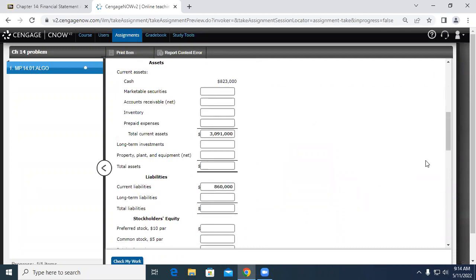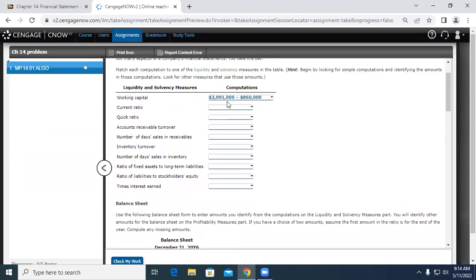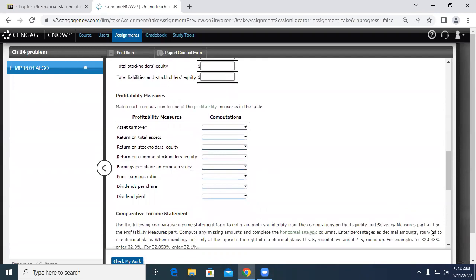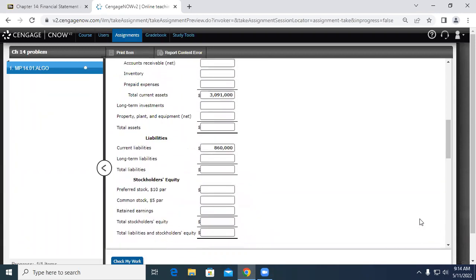I already know that must be the case because that's what went into this formula. So for filling in the balance sheet, we're going to be using formulas both from here, the liquidity and solvency, and from these profitability measures. So we're going to need to be going back and forth between those.